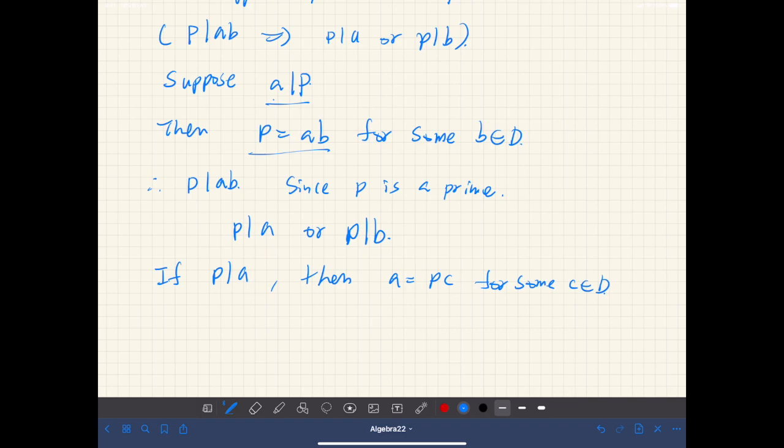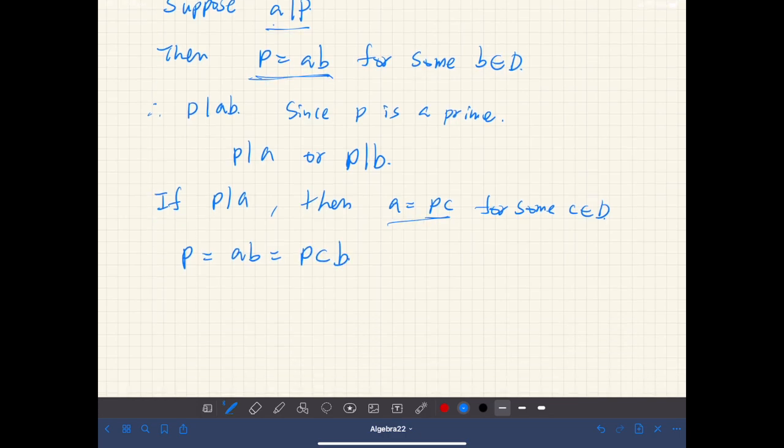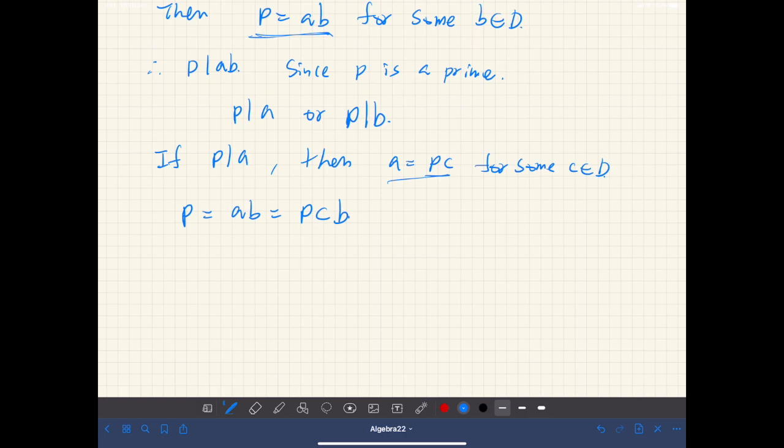And so we put this into this. Then we have P is equal to AB, which is equal to PCB, since A is replaced with PC. And since D is an integral domain, we can cancel P's. So we have 1 equal to CB.